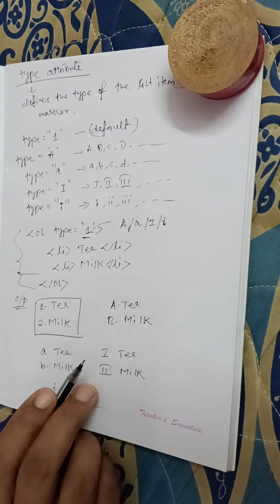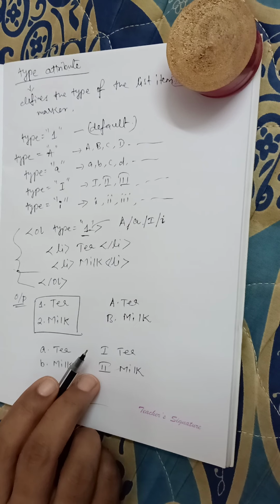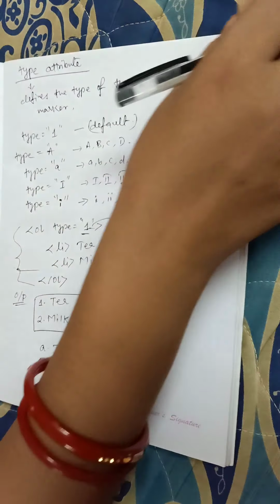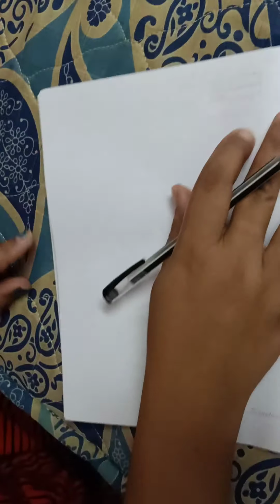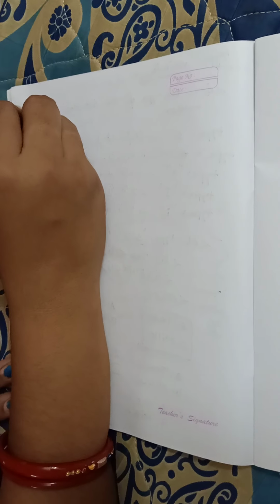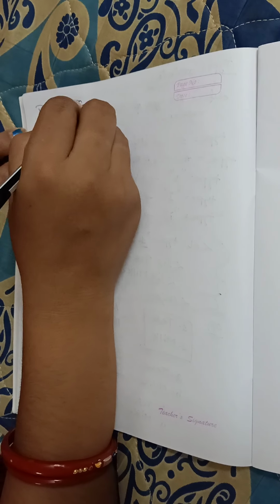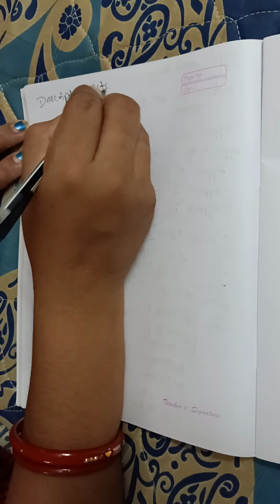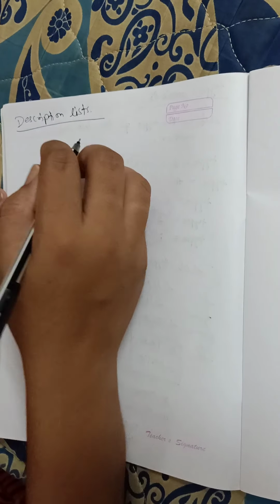Okay, now coming to another type of list, the third type of list, that is our description list. Now what is this?